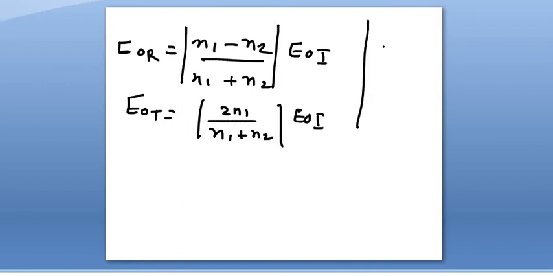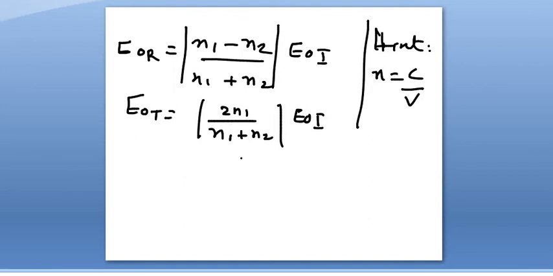What is the hint? The hint is n is equal to c by v, our very basic class 8th definition. So n and v have an inverse relationship. Here there was V2 minus V1, so here it will come out to be n1 minus n2. Here it was V2, so it will be V1, so it will be n1.